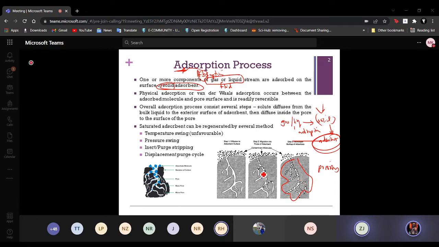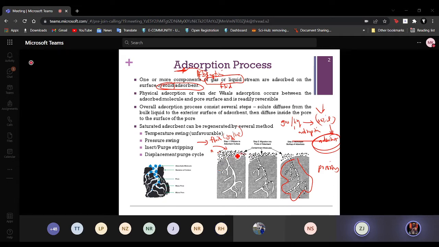Alright. So that porous, what is the function? This is how the mechanism happens. Let's say this is the fluid, either gas or liquid. In that gas or liquid you have a component that you want to adsorb. Let's say component A. The black dot is basically component A. So component A will diffuse and go to the surface of the solid adsorbent.